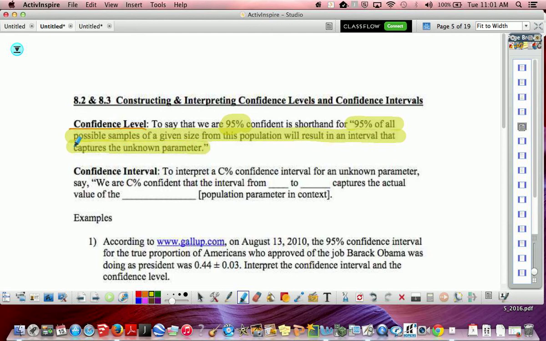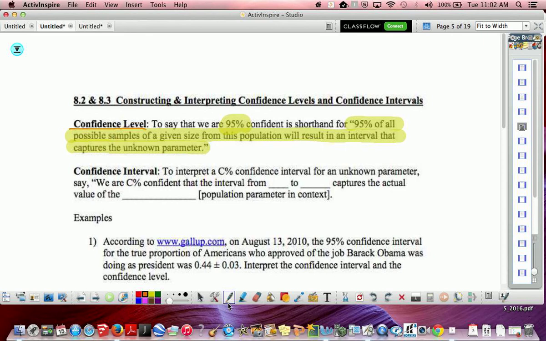Basically what we're saying is that 95%, or whatever percentage it is, of all possible samples of that same size from this particular population is going to capture our unknown parameter that we're trying to find. So we'll actually want to put the unknown parameter in the actual context of what we're trying to find.